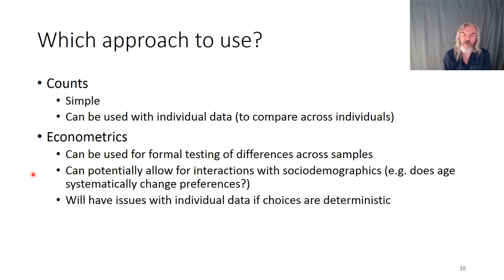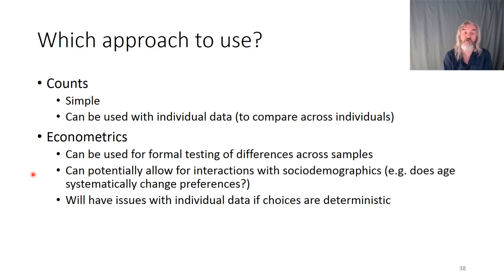The issue with the econometrics is that if you want to do individual preferences, it runs into problems if choices are what we'd call deterministic. So if somebody is systematically, perfectly picking, say, always an object as best and never as worst, then statistically that causes problems.